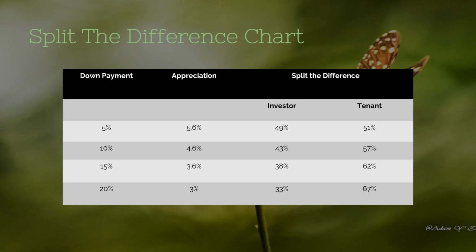The selling price now becomes the appraised price, because the tenant is getting his share and the investor is getting his share, since the property is being sold at the appraised price. This helps both the tenant buyer and the investor in a significant way.